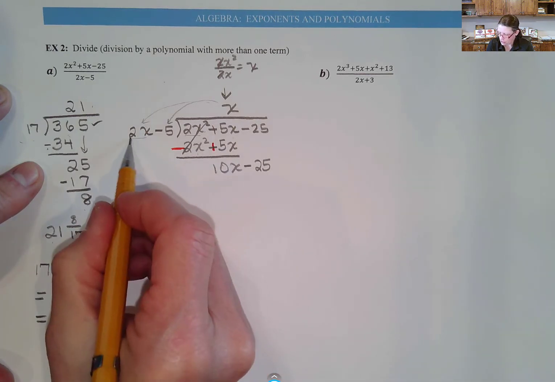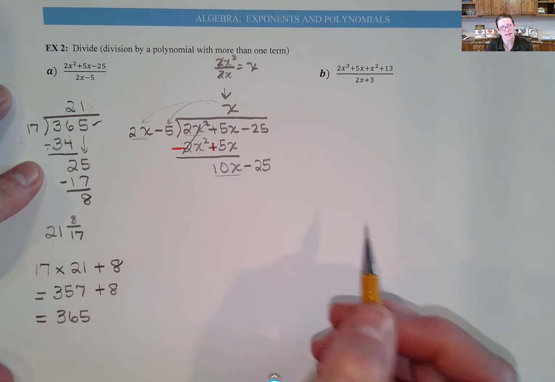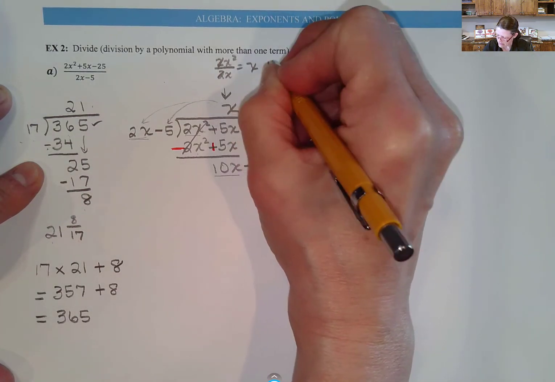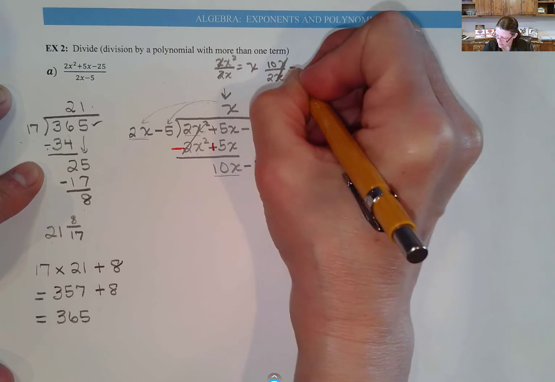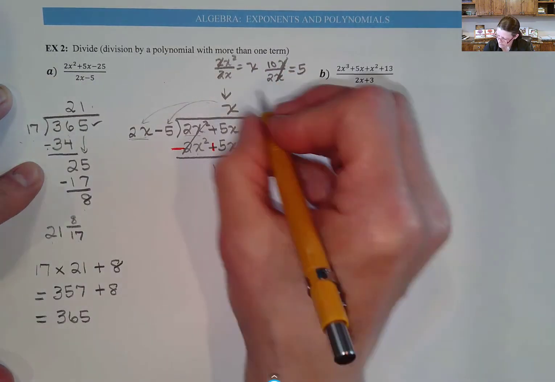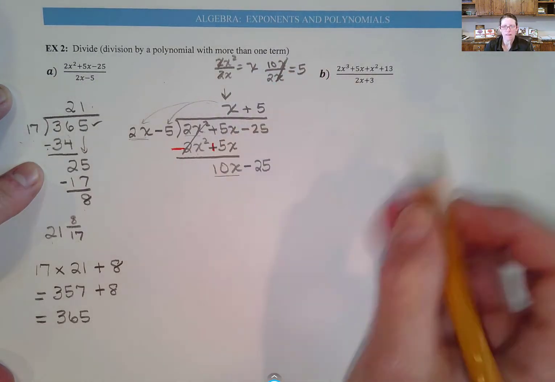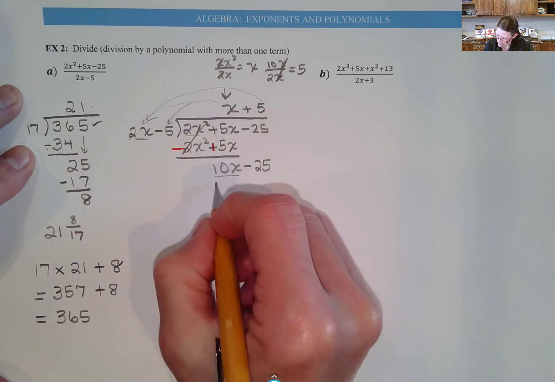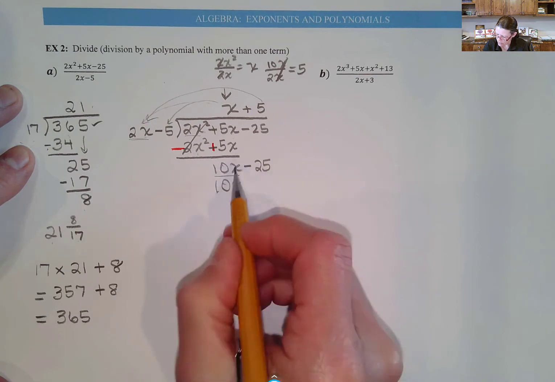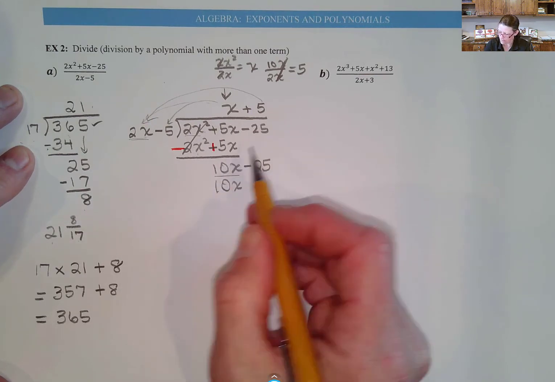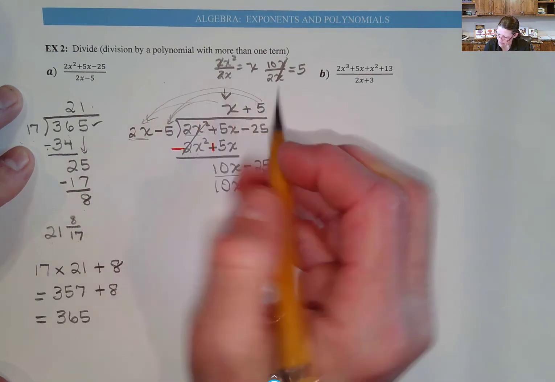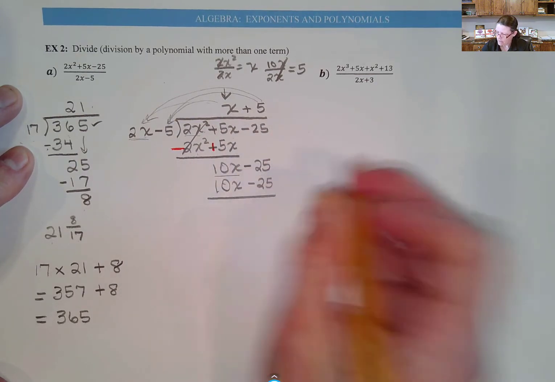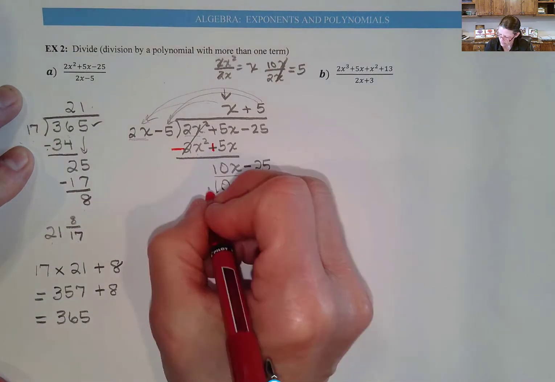Now we ask ourselves, 2x divides into 10x how many times? Well, 2x divides into 10x 5 times. Multiply back. 5 times 2x is 10x. Notice the repeat of our term there. 5 times negative 5 is negative 25. And we subtract.